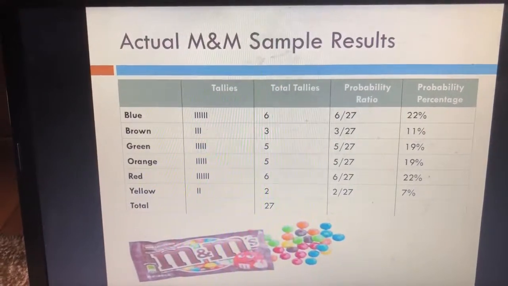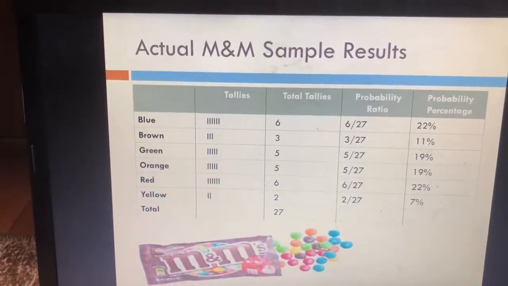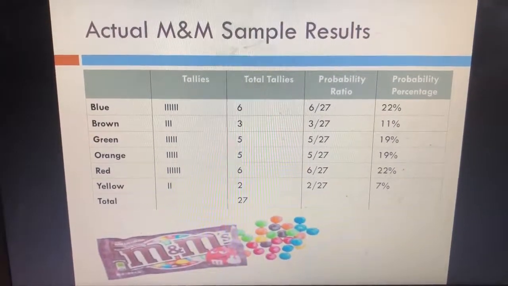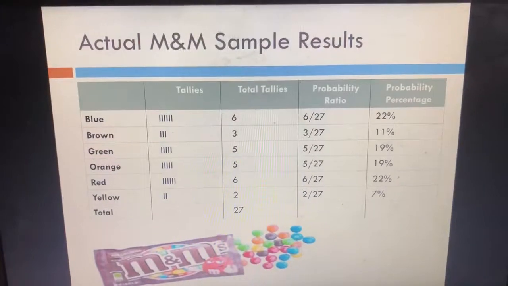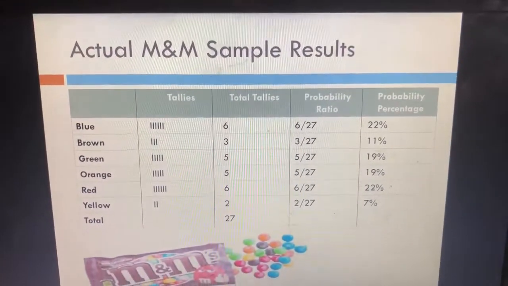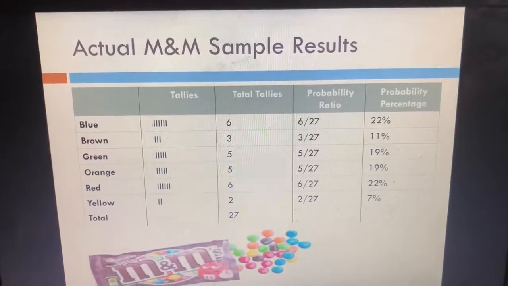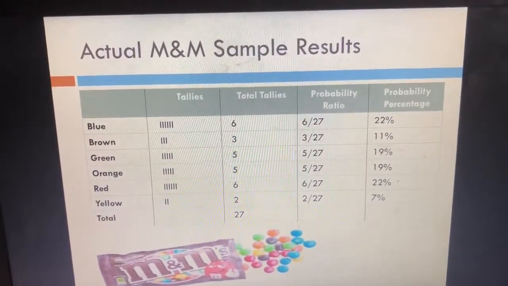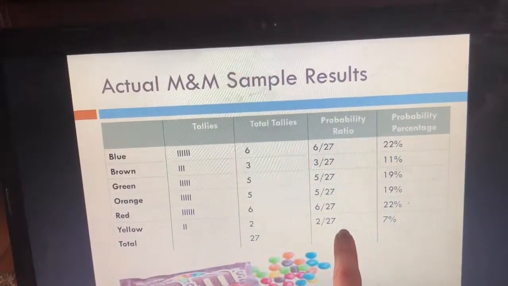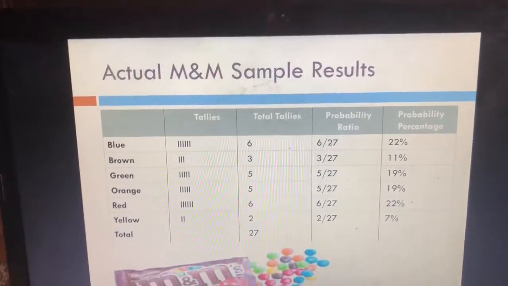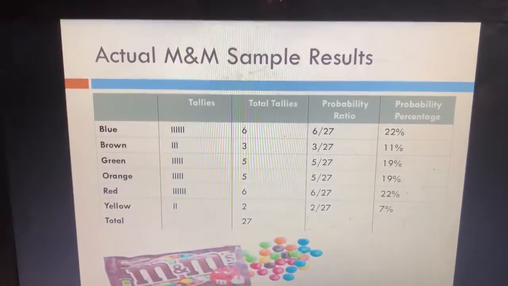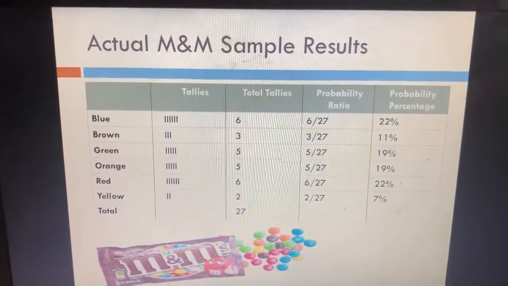So if you look, I counted each individual color of M&Ms below, and I have them tallied and the totals already listed in my chart. And as you can see, if I added all my totals of all my M&Ms in my bag, I came up with 27 total M&Ms. So whenever we go over to our probability ratio, you will see that 27 is universal across all the colors, because that is the total amount of M&Ms that we have in our bag.